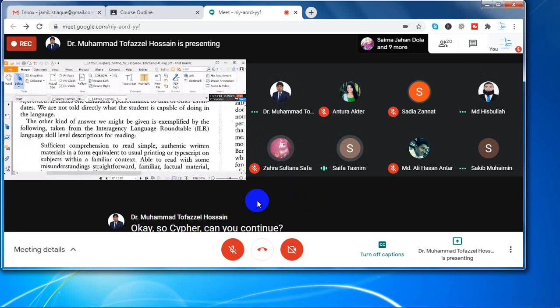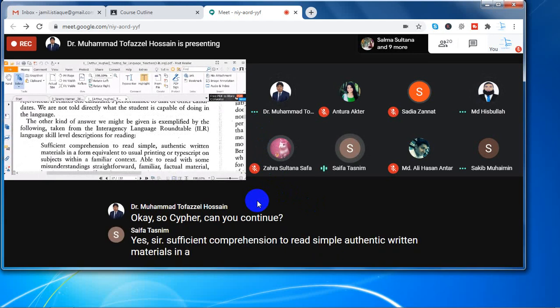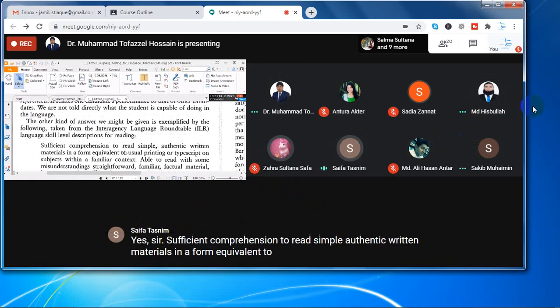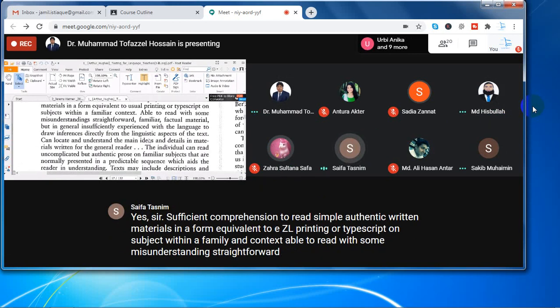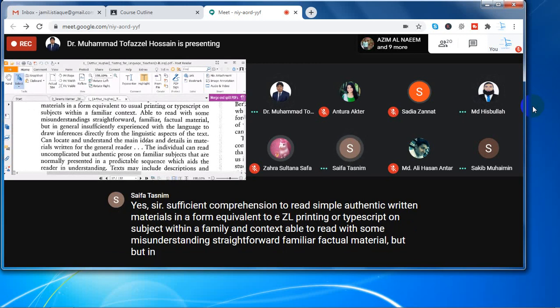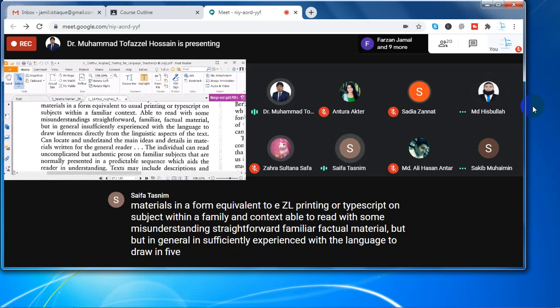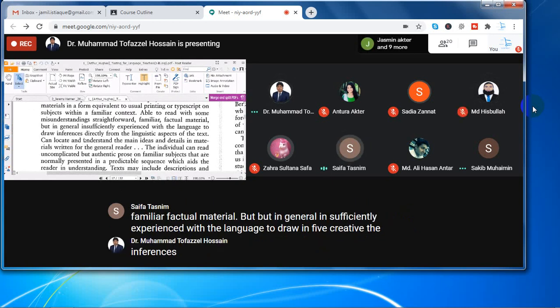Sufficient comprehension to read simple, authentic written materials in a form equivalent to easy printing or typescript on subject within a familiar context. Able to read with some misunderstandings, straightforward, familiar, factual material, but in general insufficiently experienced with the language to draw inference directly from the Inferences. inferences Yeah.